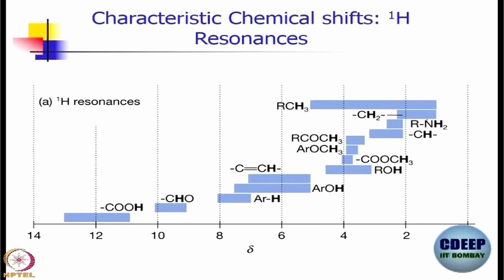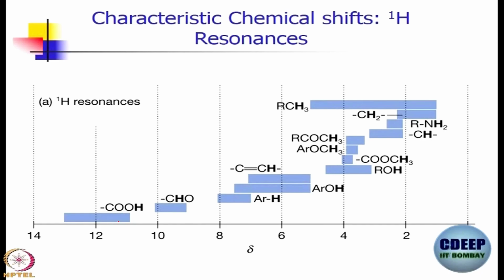In the region from 1 to 2 there are CH or amine protons, NH2 primary amines, and then CH2 or CH3 protons may be here. Then at 10 there are aldehyde protons, and at 12 there are acidic protons. Actually this portion is called the deshielded portion.